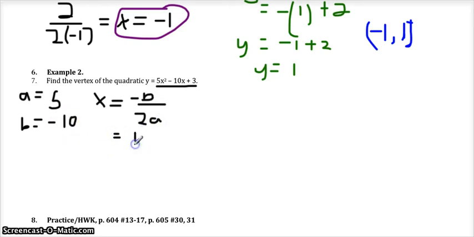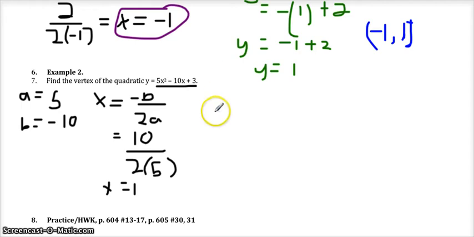The opposite of negative 10 is positive 10. So we have x equals 10 over 10, which is 1.